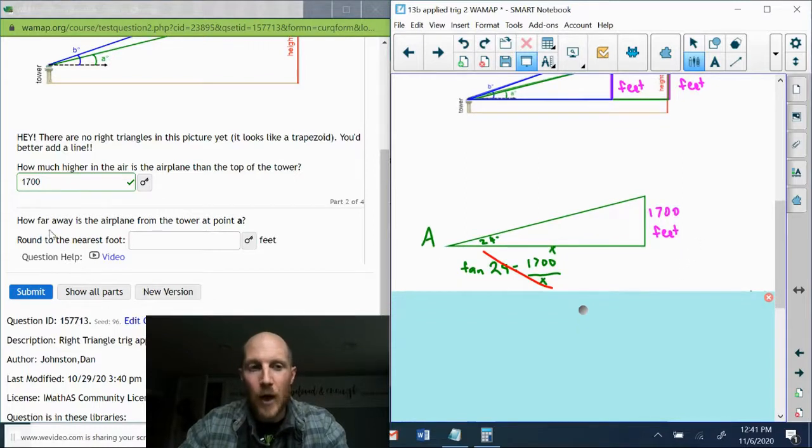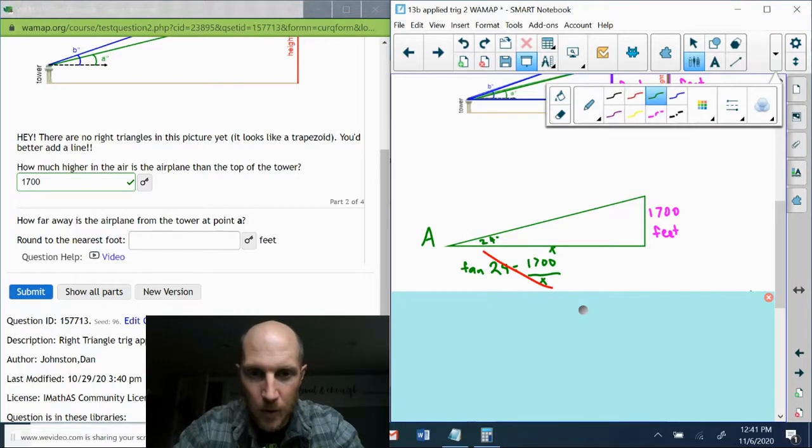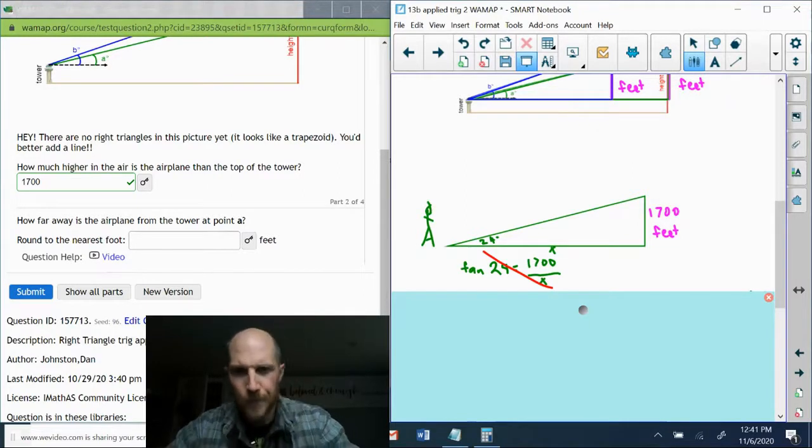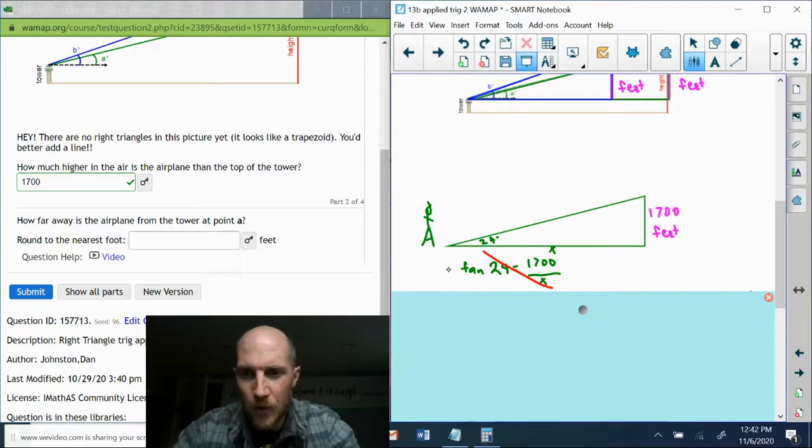To answer the question, how far away is the airplane from the tower at point A? From the tower at point A, I am going to turn this into my little stick person. There I am. That looks like my little stick person's got a ponytail and a skirt, I guess. So opposite and adjacent.